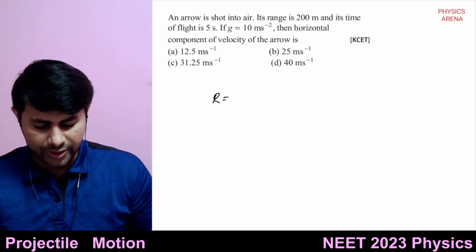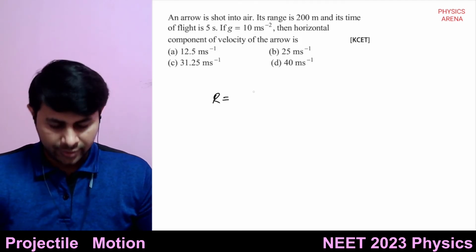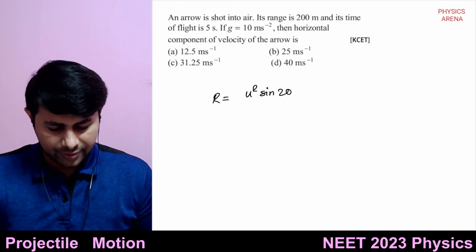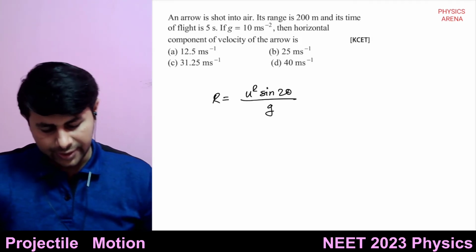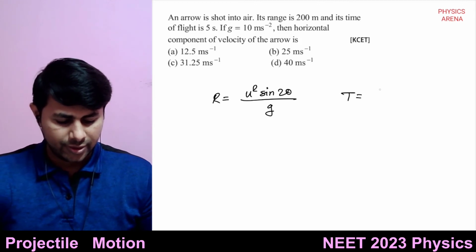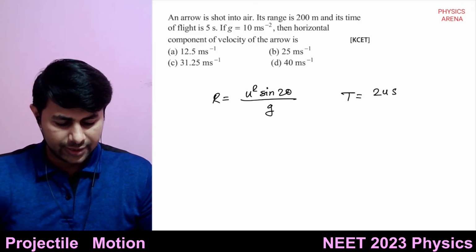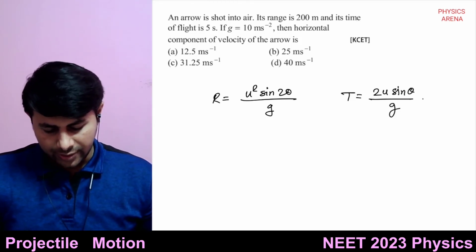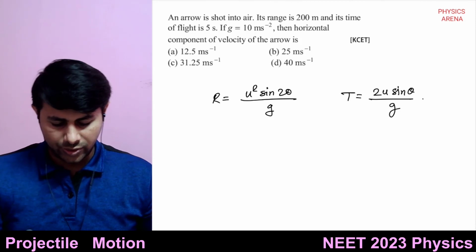What is the formula for range? It is u square sine 2 theta divided by g. Okay. And time of flight, t is equal to 2u sine theta divided by g. Okay. So that is given. So now you want the horizontal component of velocity.